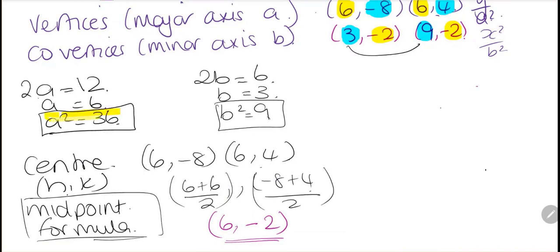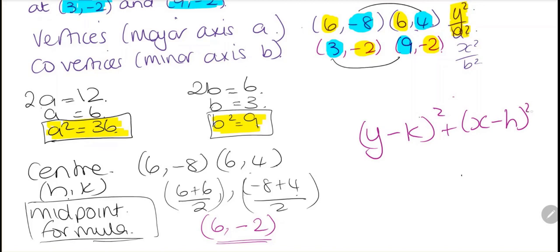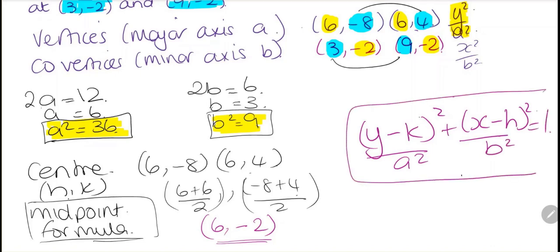We have our A and our B values, and we said that y will be with A. So we're going to use y minus k squared over A squared plus x minus h squared over B squared equals 1. So this is our equation, and we just need to put our values in.